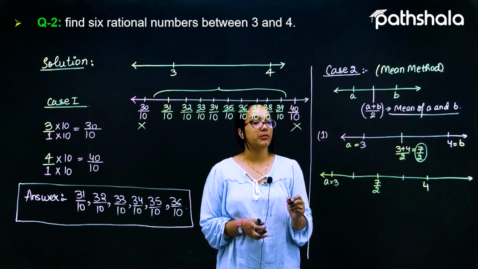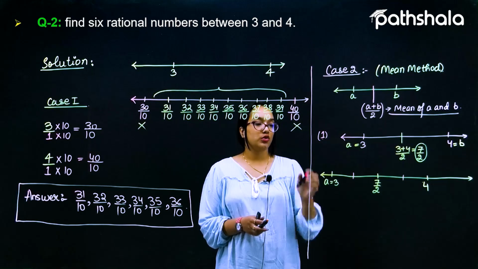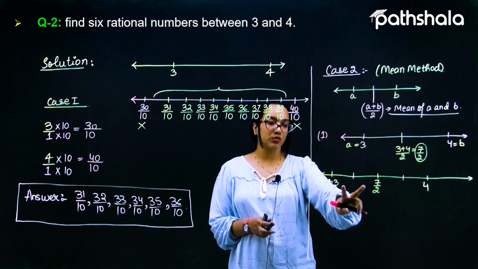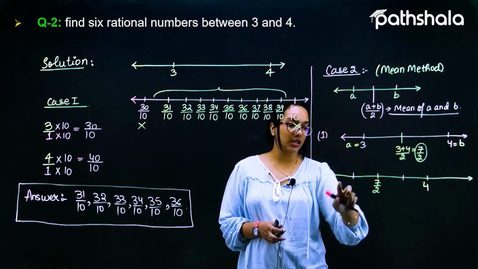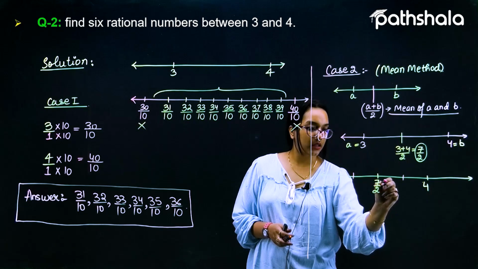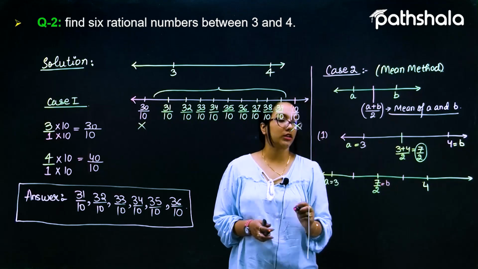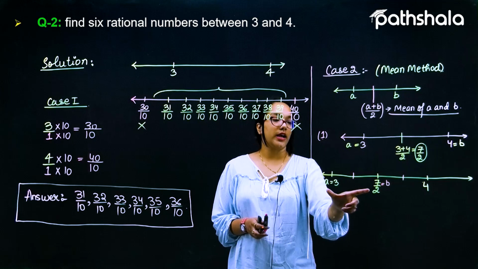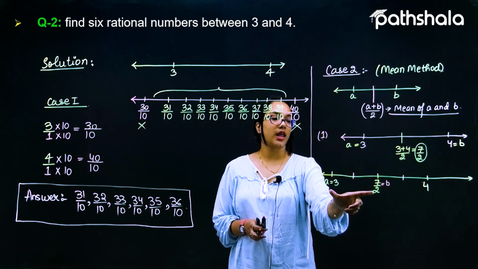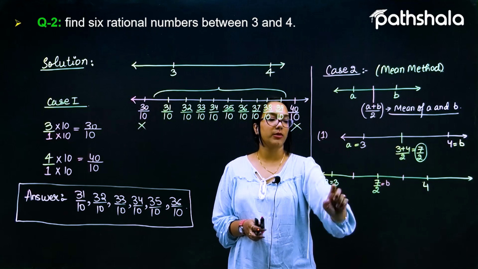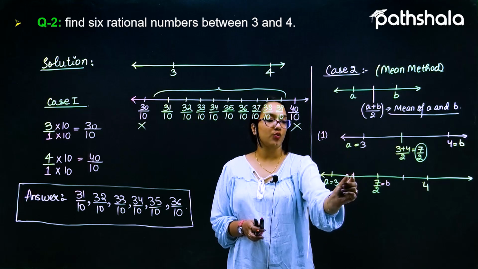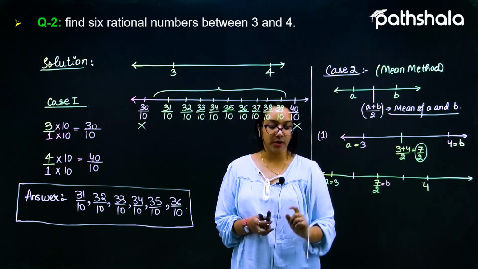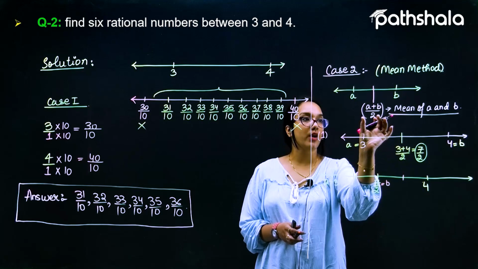Again, with the help of the mean method, I can find that. A is 3 and B is 7 by 2, because I just want to find the number lying in between these 2 numbers. The mean of these 2 numbers is A plus B by 2 as per the mean method.